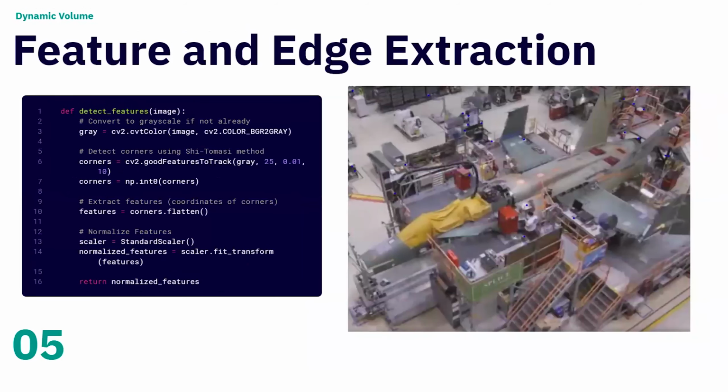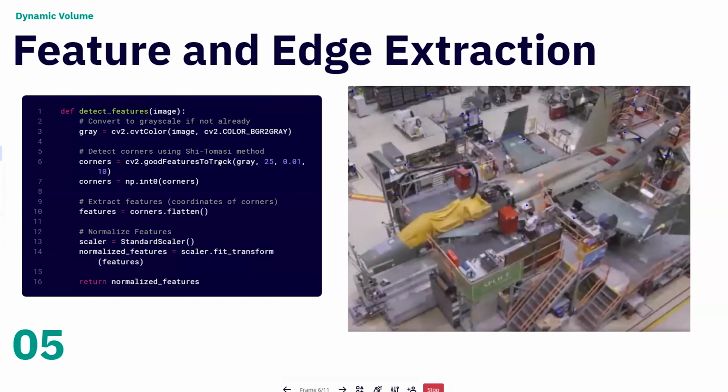And then going into some more of feature and edge extraction and some of the results I had. As I mentioned earlier, I use some of OpenCV's libraries, where they have a goodFeaturesToTrack function, which uses a Shi-Tomasi corner detector.